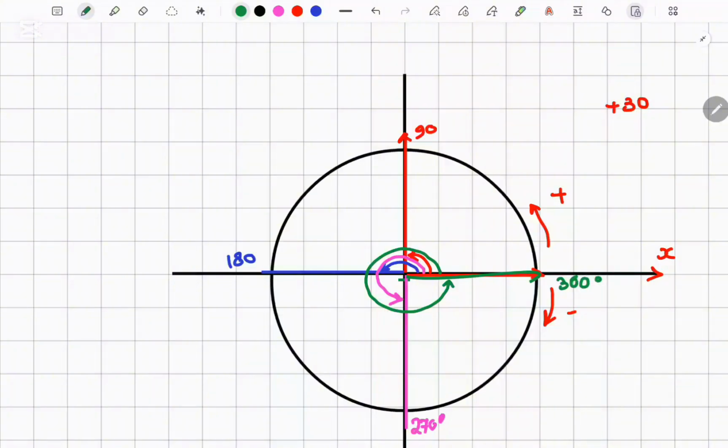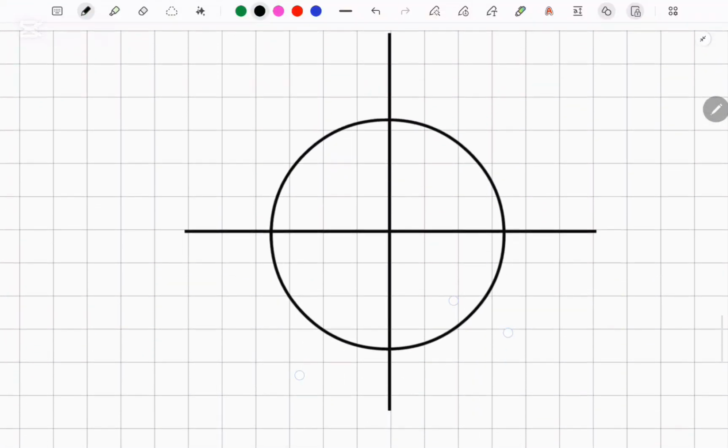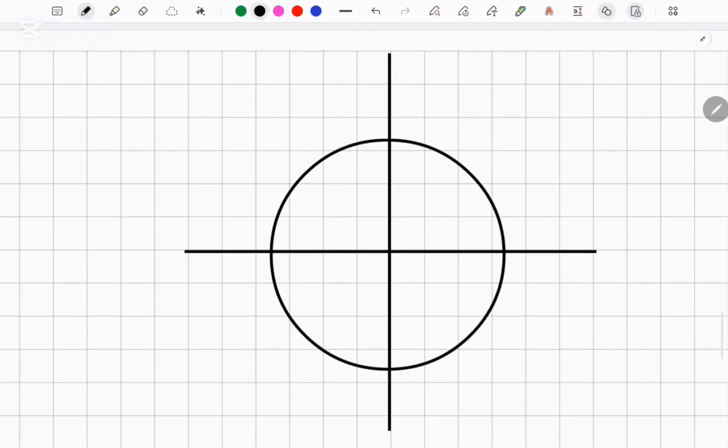And then we also have the negative angles as well. Look at this other unit circle. If I wanted to show negative angles, I would have it like this. For example, I wanted to show negative 90 degrees. The initial side is always the positive side of the x-axis here, right? So if I wanted to show negative 90 degrees, it would have been like this.